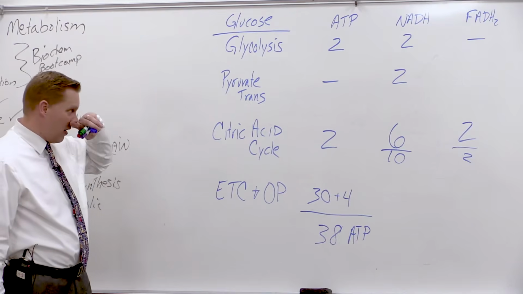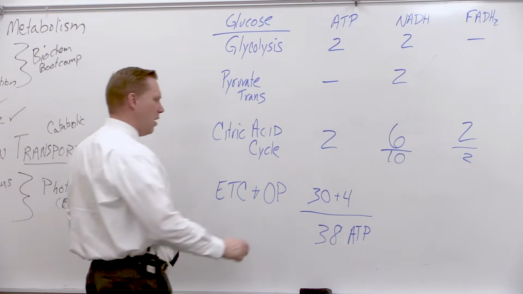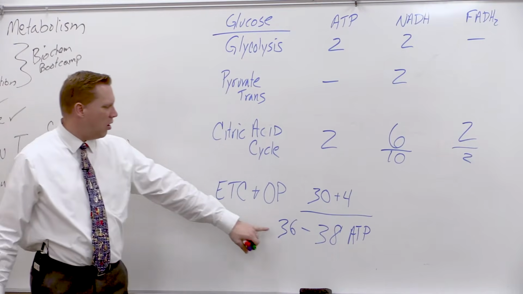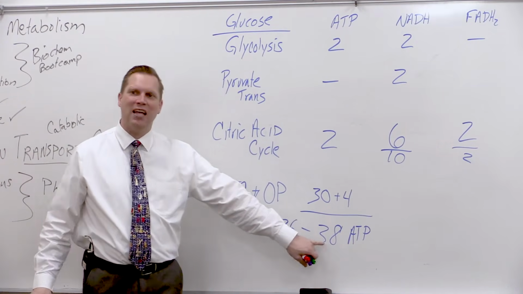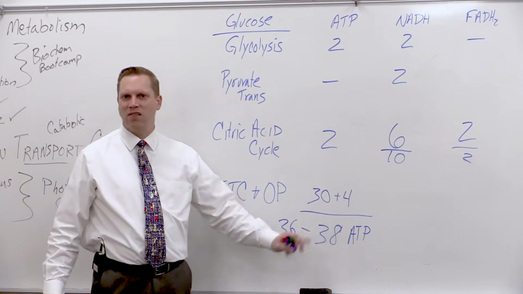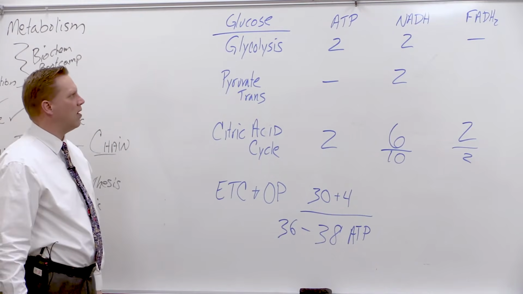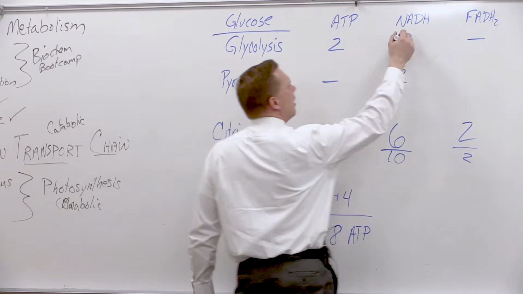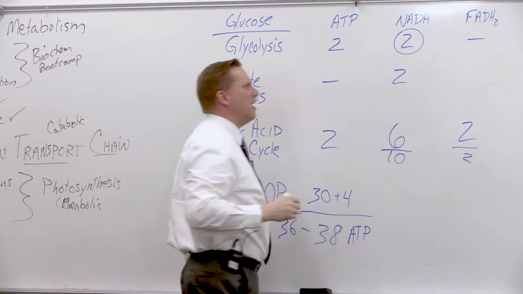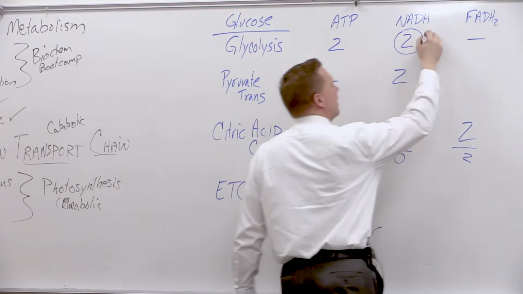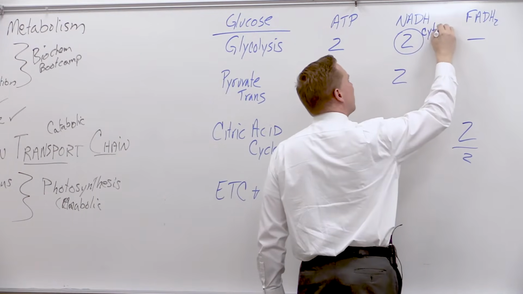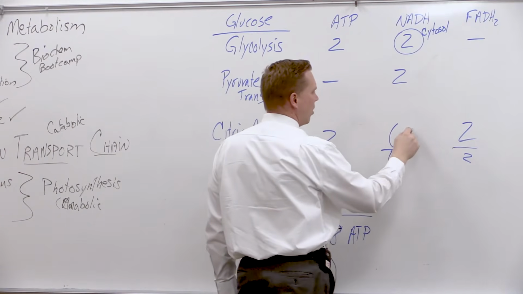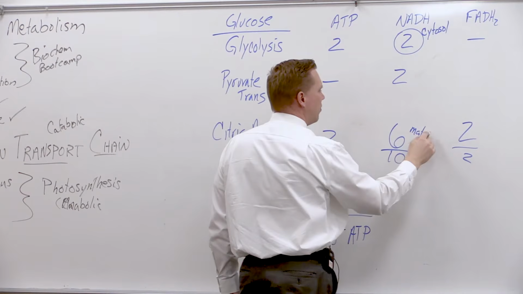Okay? Now, there is a little bit of a discrepancy. When you look in your textbook or consult online, you'll often see 36 to 38 ATPs as the maximum yield of cell respiration using glucose. Why is that? It has to do with these 2 NADHs. Remember, these 2 NADHs were produced in the cytosol, but ATP synthase is working in the matrix.